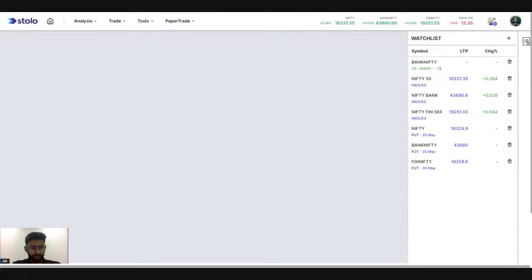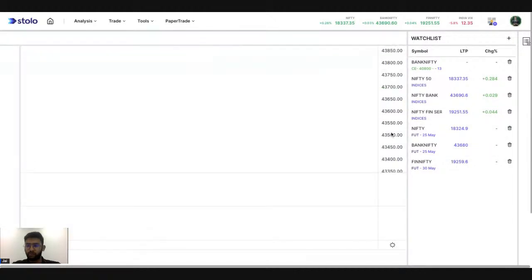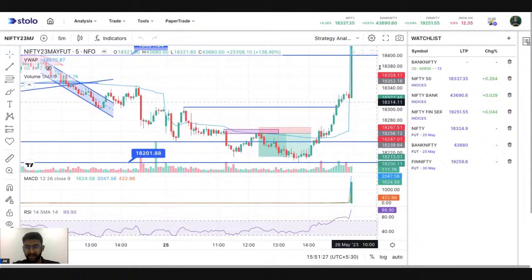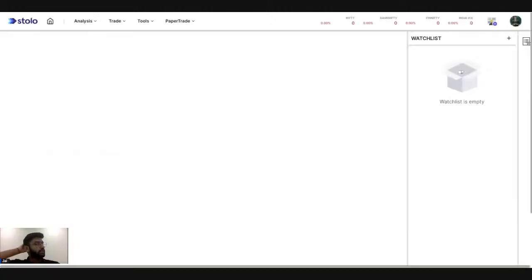Looking at yesterday's analysis, it went quite right. Nifty ended at 18,324, which was quite the recovery.